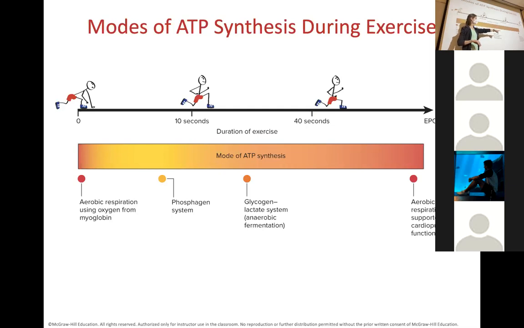And then eventually we get back to aerobic respiration. So our muscles switch back and forth between these different processes for creating ATP. This is all about creating ATP. ATP is the energy source for cells. That's what we're doing over these next few slides.